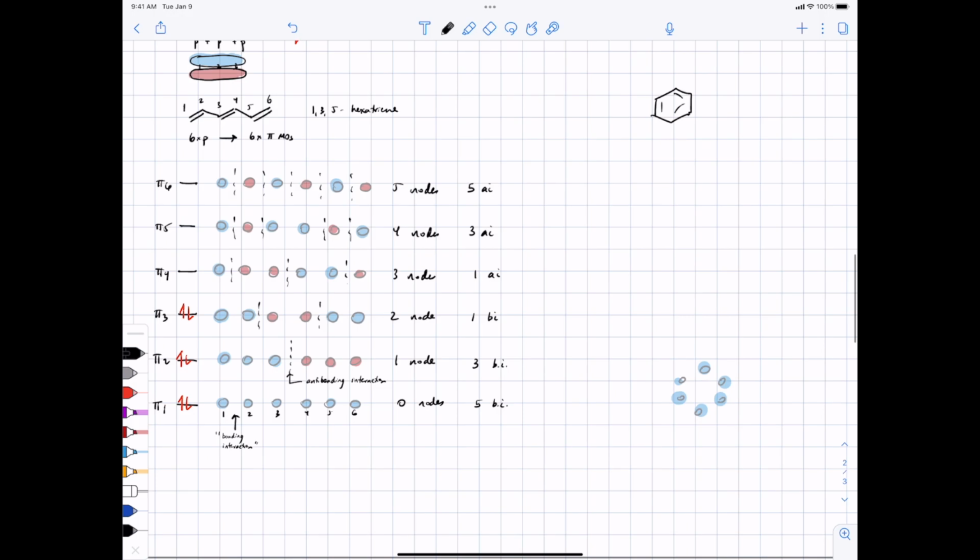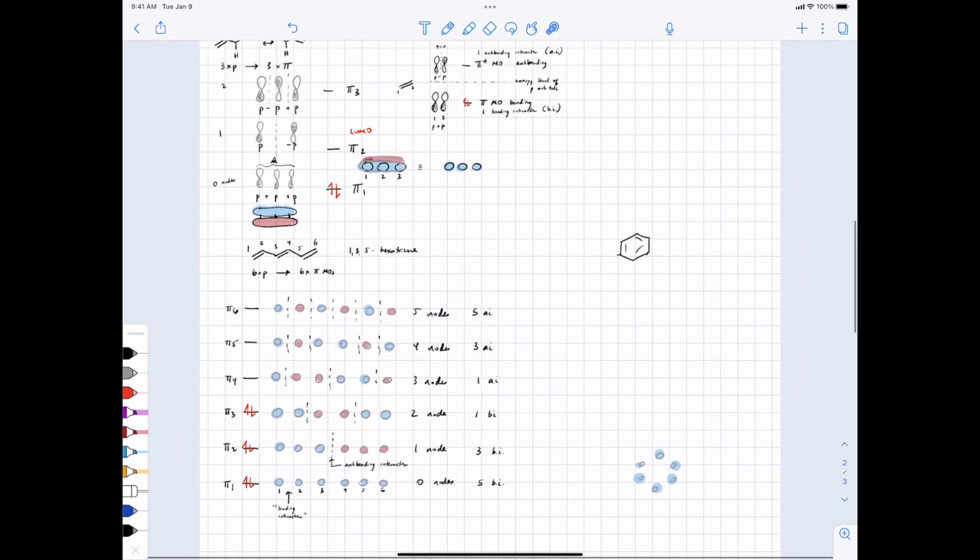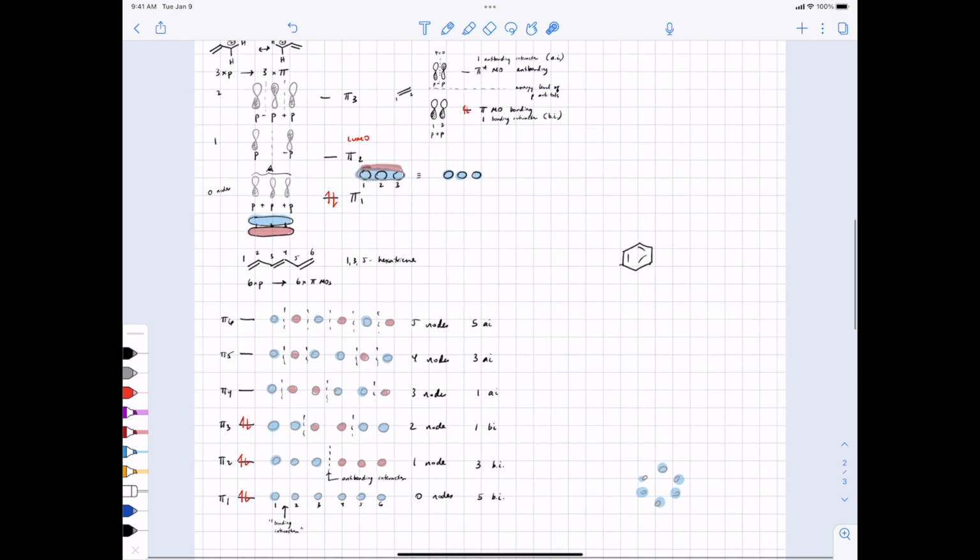All right. So we did all of that just to give you the sense that, think of it this way, if I had 3 isolated pi bonds, the energy from that would be basically 3 bonding interactions, because each pi bond has 1 bonding interaction.